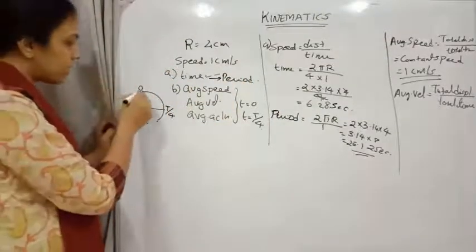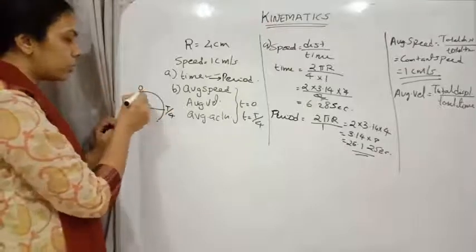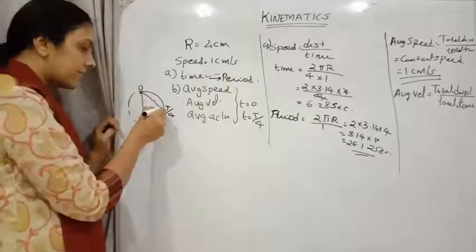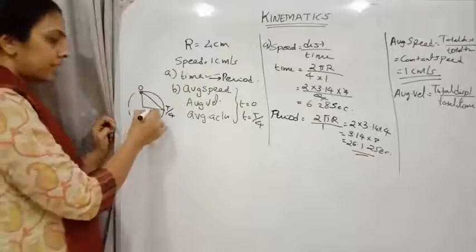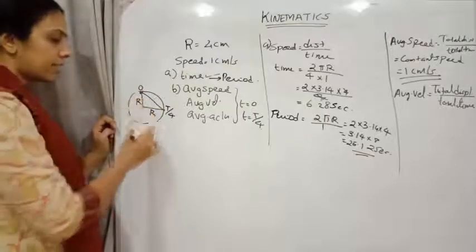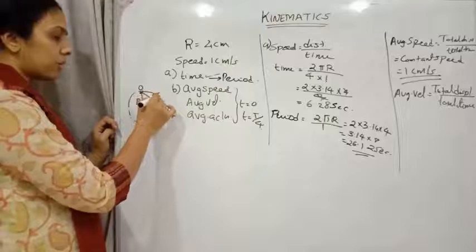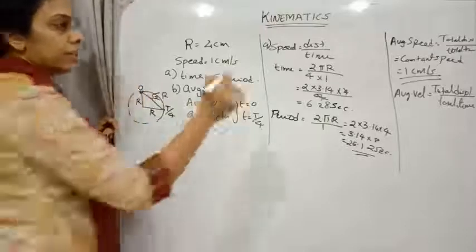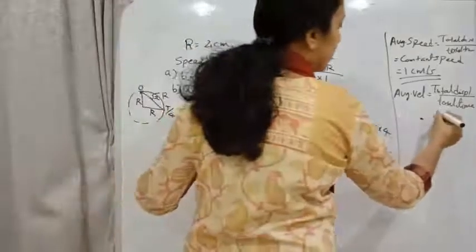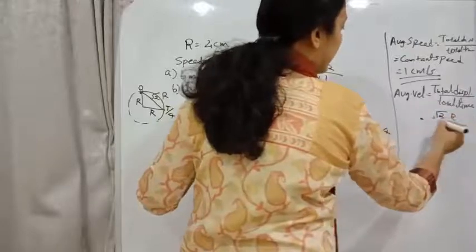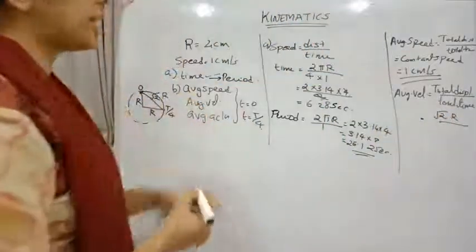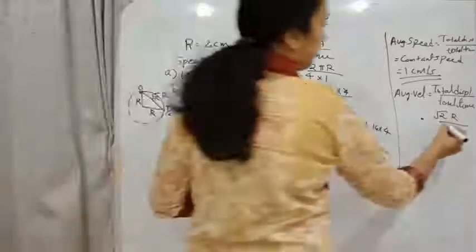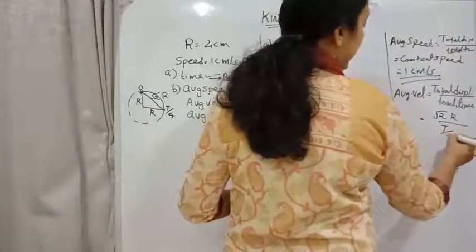So what is the displacement when it is moving from 0 to T by 4? The shortest distance will be the displacement, right? Here this is radius r, so using Pythagoras theorem it will be root 2 r. So displacement will be root 2 r divided by the total time, which is capital T divided by 4.